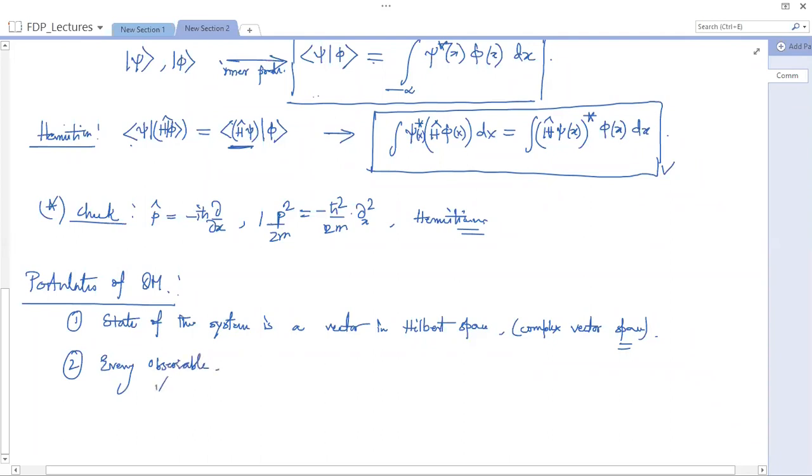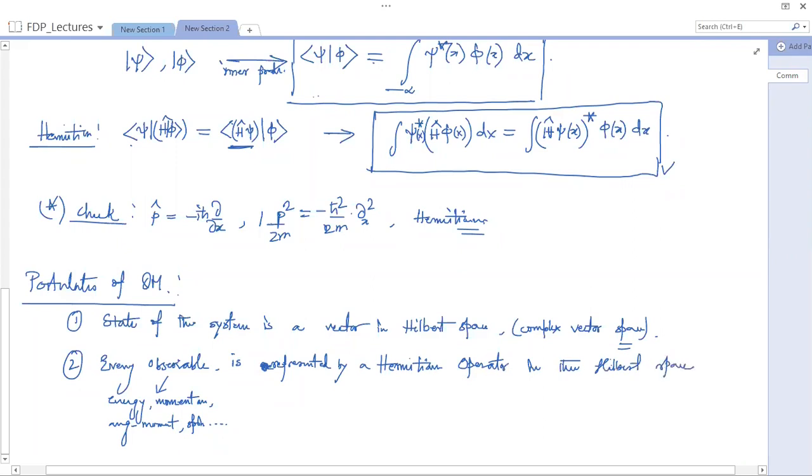The observable is what you can measure, like energy, momentum, angular momentum, spin, etc. Whatever you can measure, every observable is represented by a Hermitian operator in the Hilbert space.